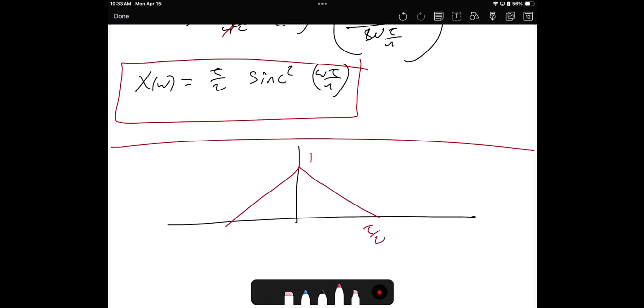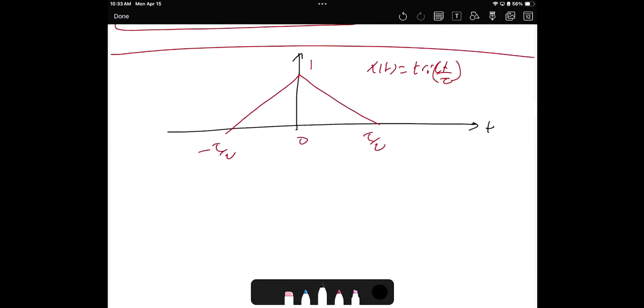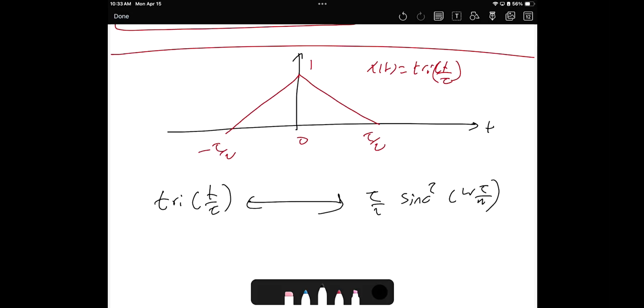Here x of t equals tri of t over tau. To convert this, tri of t over tau, we can put it in our table. This will be tau over 2 sine square of omega tau over 4. Okay? So we can take this result starting from now as is, unless you need to prove it.